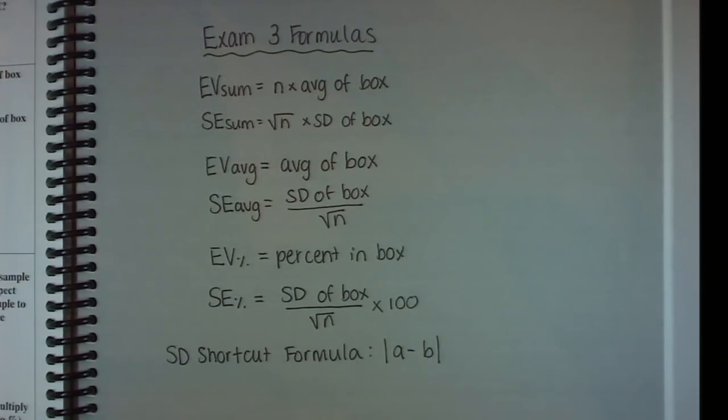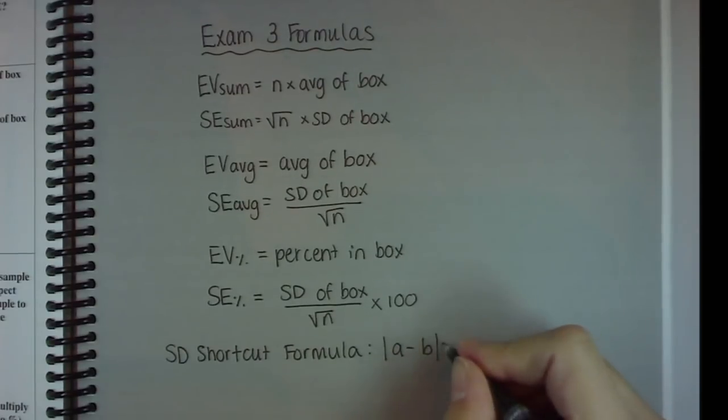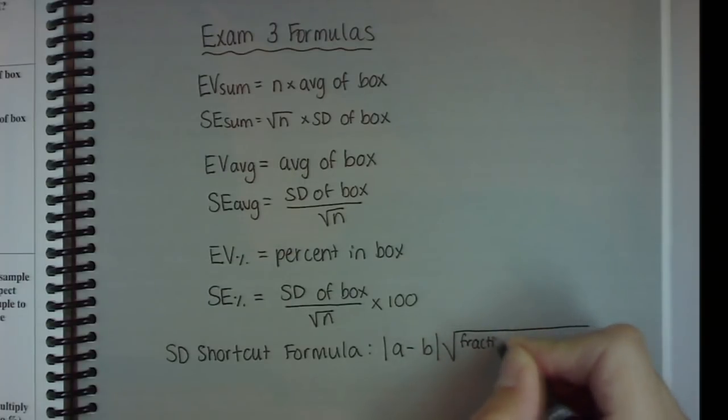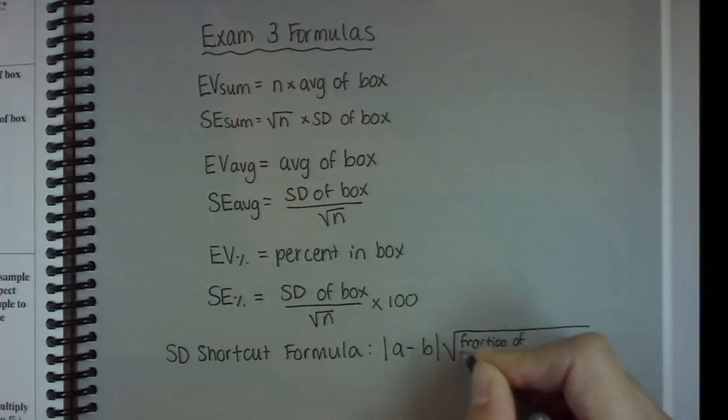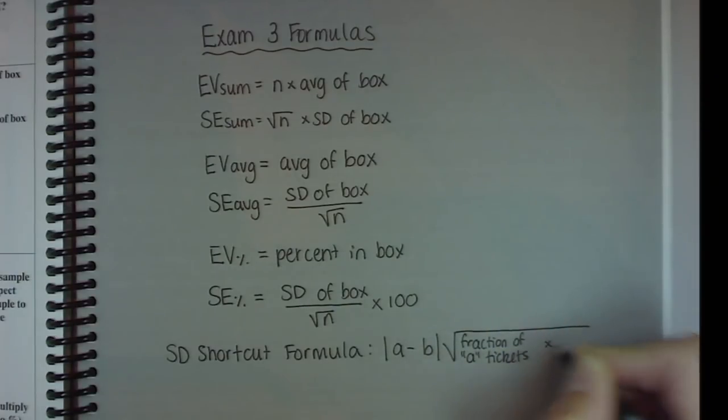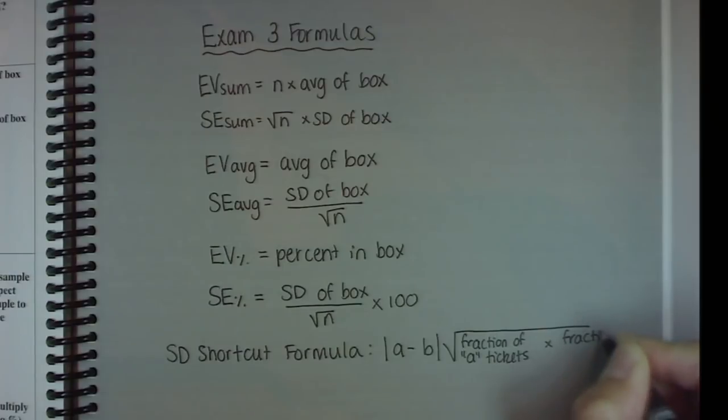So A minus B, those are the numbers on the ticket, so like 1 minus 0, and then times the square root of the fraction of A tickets times the fraction of B tickets.